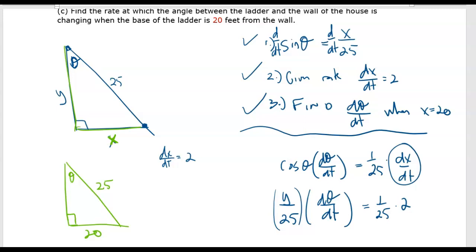So if you do your Pythagorean theorem, that's really a 3, 4, 5 triangle, I think, right? Or you can do Pythagorean theorem, 25 squared equals 20 squared plus y squared, and figure out what y is. Either way, it should give you 15.